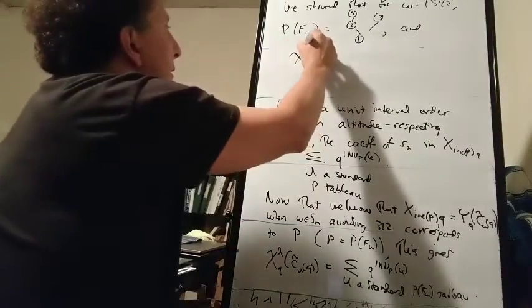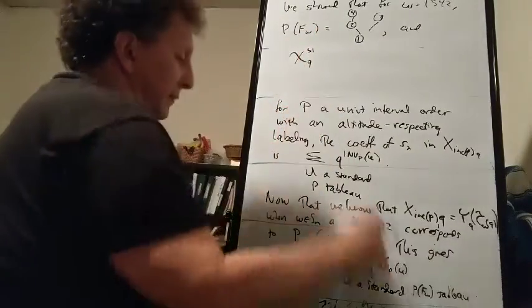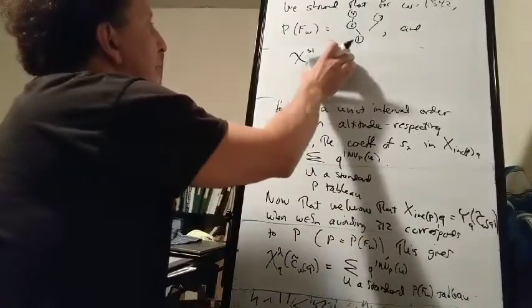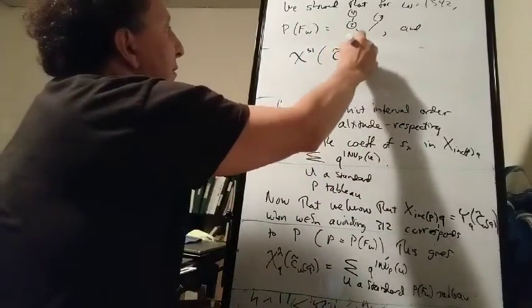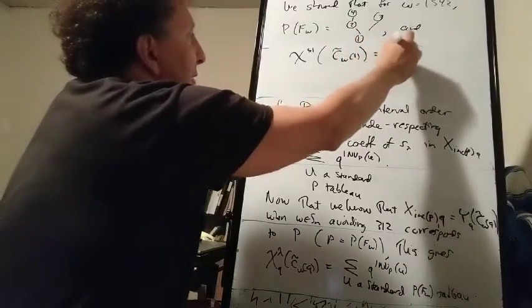And the evaluation of chi^(3,1) at the Kazhdan-Lusztig basis element equals 5.